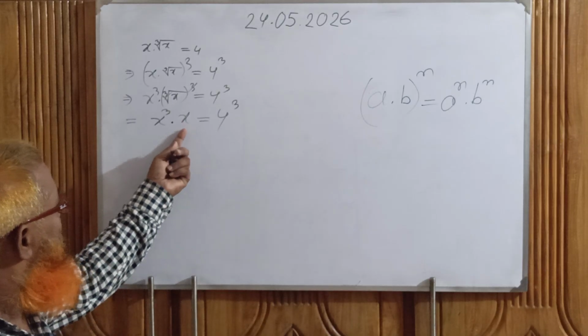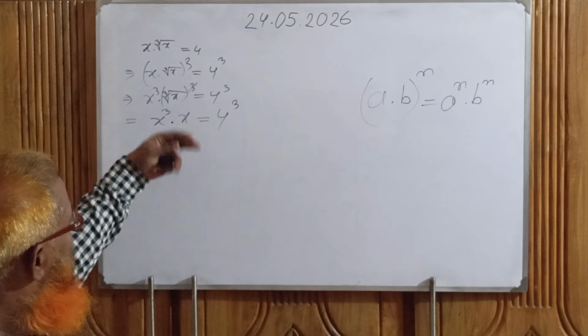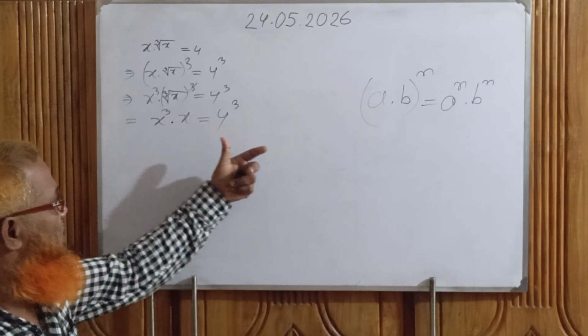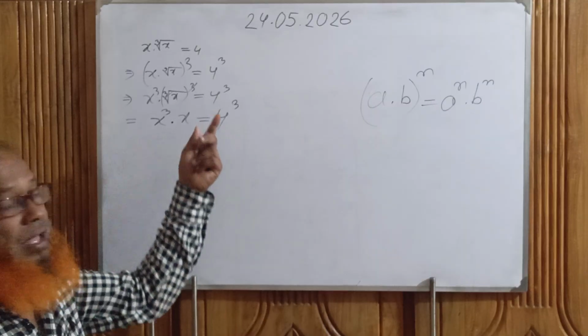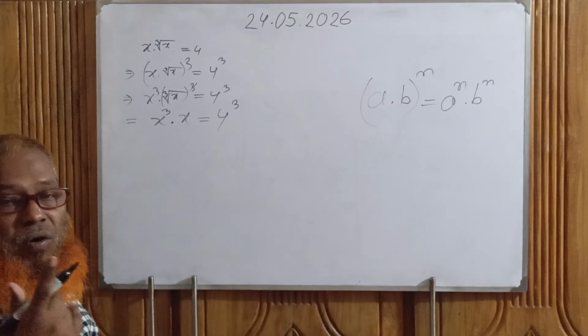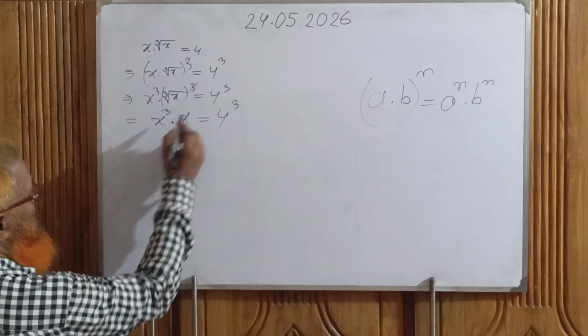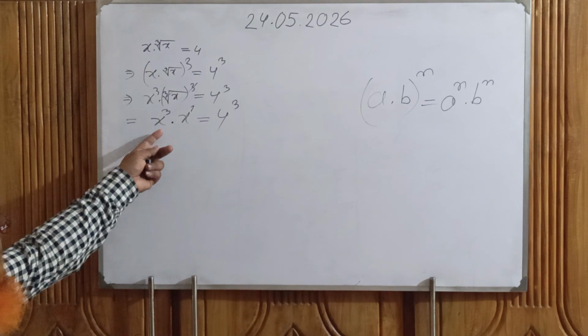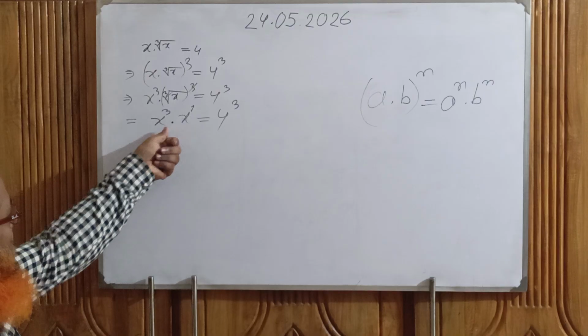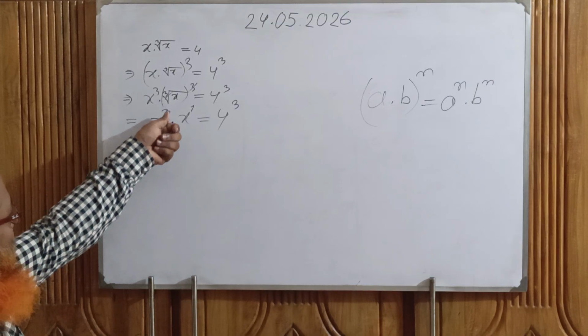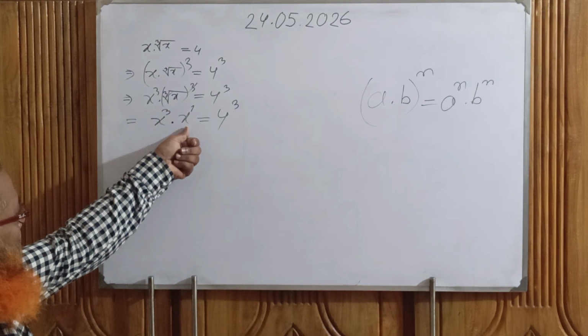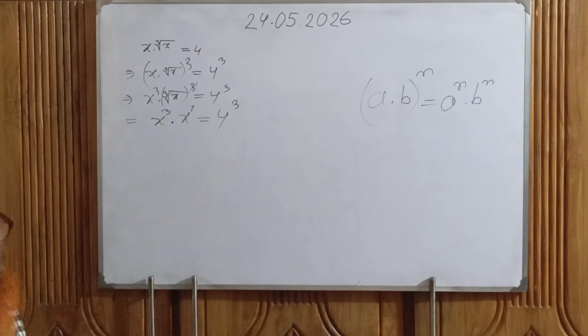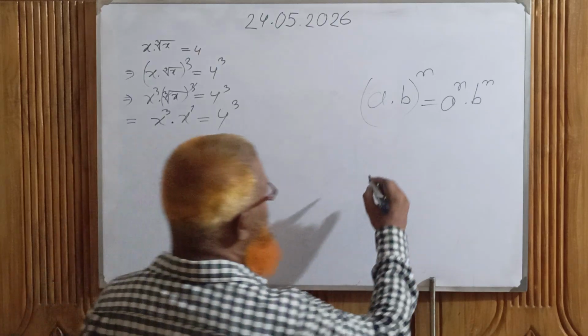And this is the only x, and any letter or number has power of 1. So here it is x power of 3 multiplied by x power of 1. This is the rule.